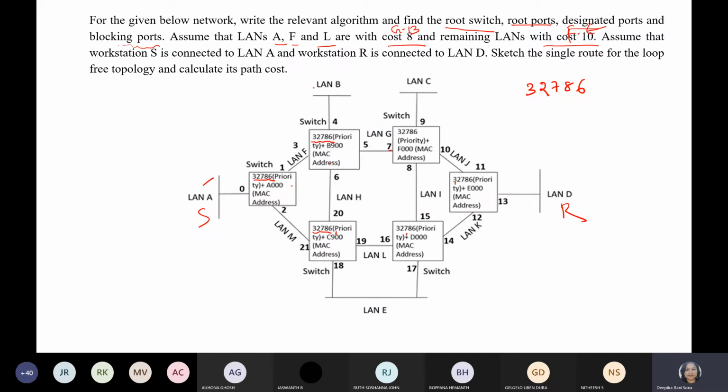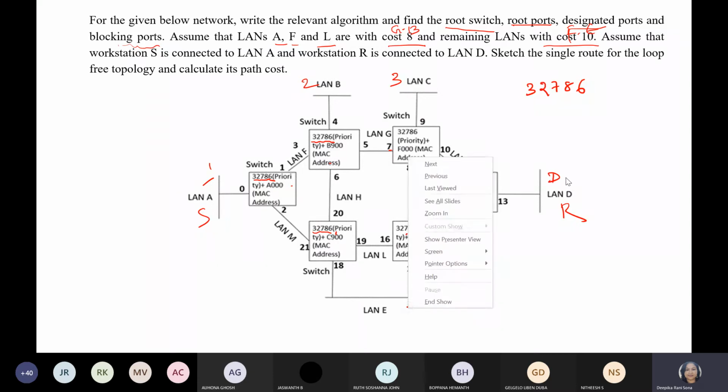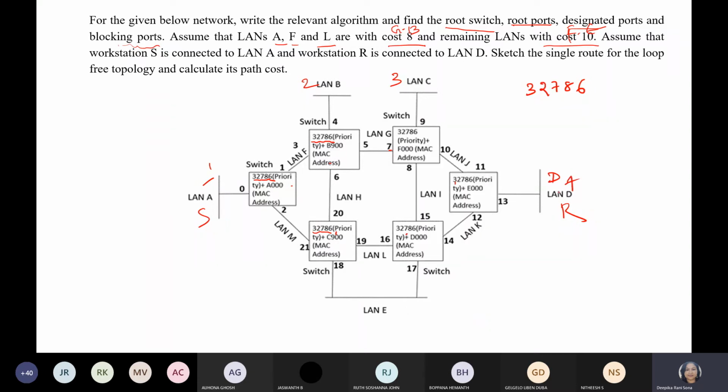LAN A, B, C, D. D is 4, right? 5. Then calculate, guys. LAN E, then F, G, H, I, J, K, L, M, up to M.